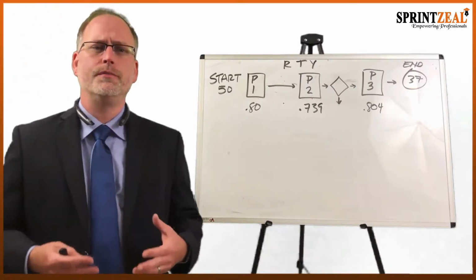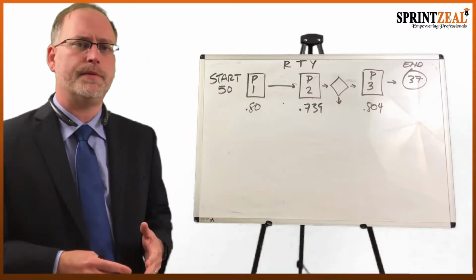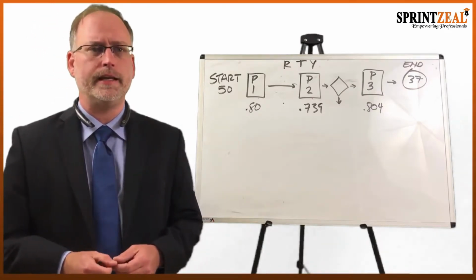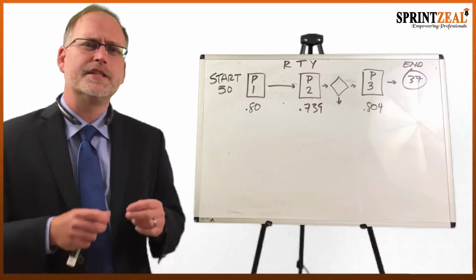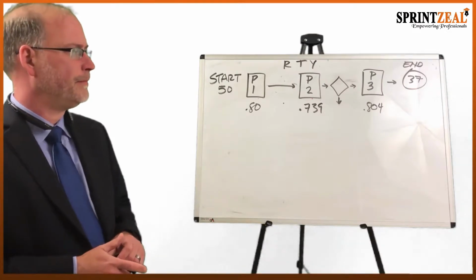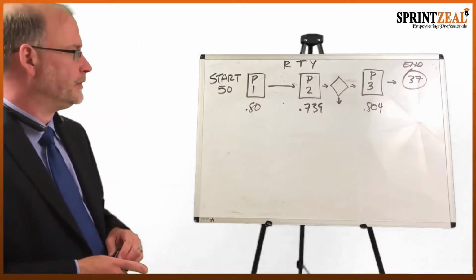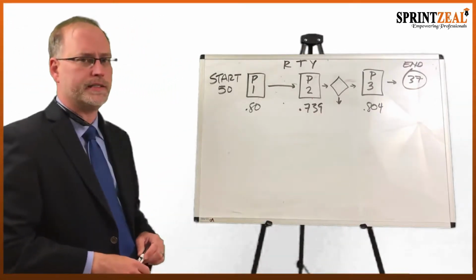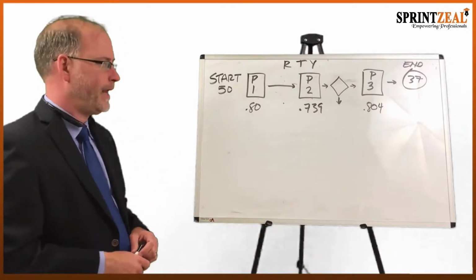So rolled throughput yield is calculated by multiplying the yields of each process step. Now, calculations can become increasingly complicated as more parallel processes are introduced. And it's first necessary to calculate the yield of each process step. So now going back to the example that we did for throughput yield, these were the percentages of each individual process step. And I translated them to decimals for easier mathematics.